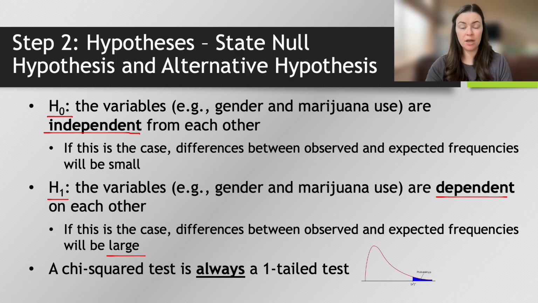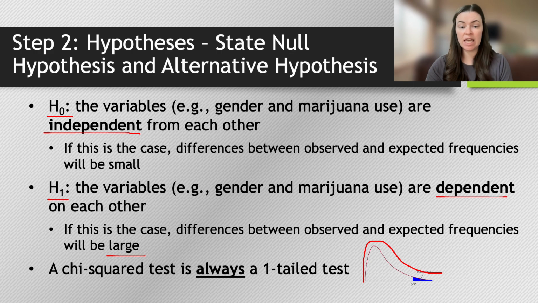I had previously mentioned on the last slide that a chi-squared test does not have the same assumption about a normal distribution. Reason being is that the chi-square distribution is always going to be a one-tailed test, and it's shaped like this. You don't need to know the background of why a chi-square distribution is shaped like this.